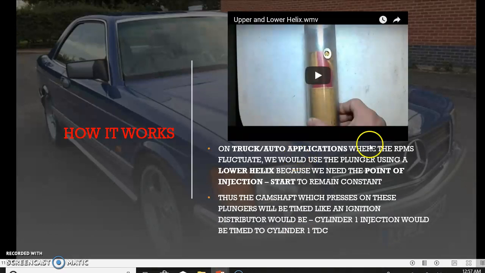So on truck and automotive applications where the RPMs fluctuate, we would need to use the plunger which uses the lower helix, and this would make sense if you have watched this video, because we need the point of injection start to remain constant, meaning the moment this piston goes up, as mentioned in this example of the port helix type design piston, you want the point of injection to start at the same time every time the top of the piston passes over the inlet and discharge ports.